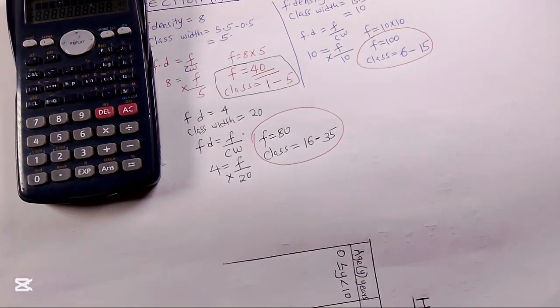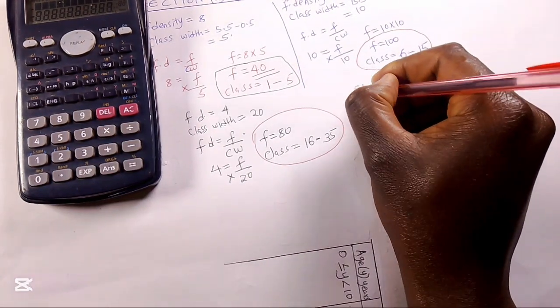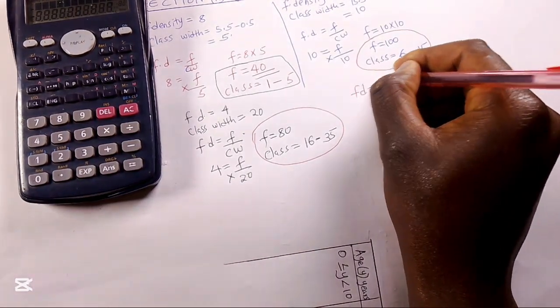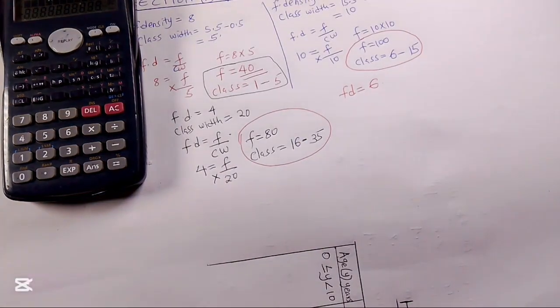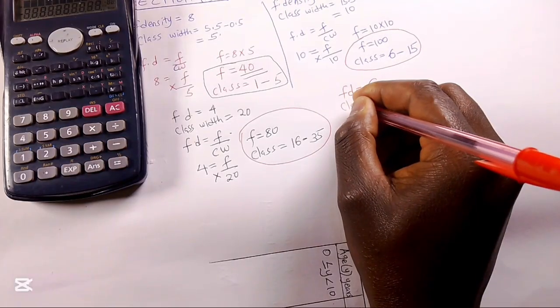Last but not the least, we have our last bar with frequency density 6. So frequency density here is equal to 6, and now we need our class width.